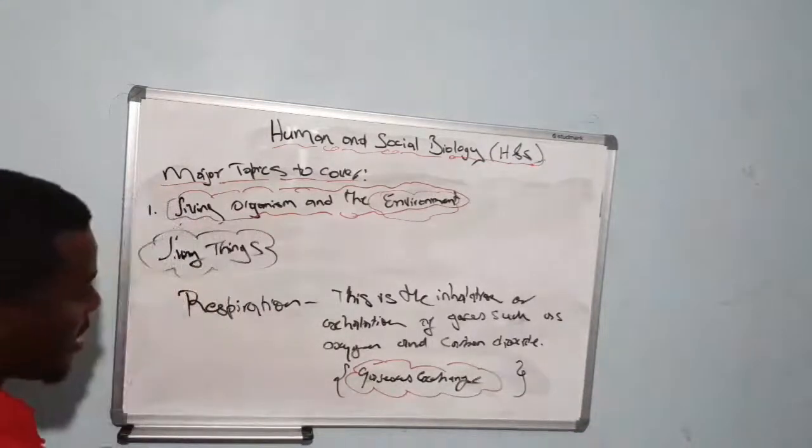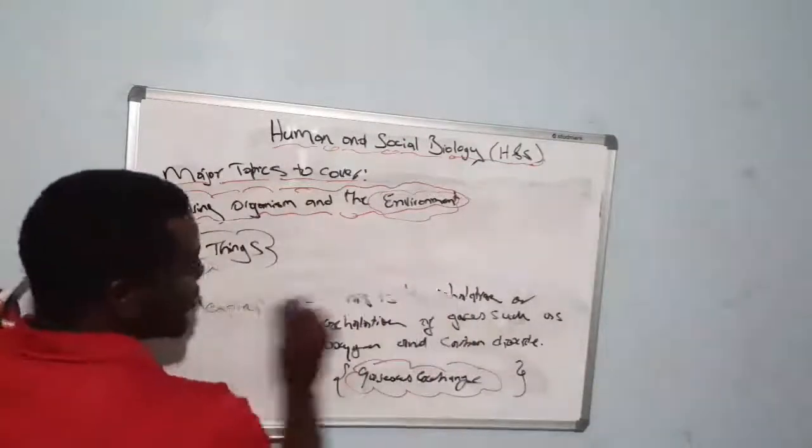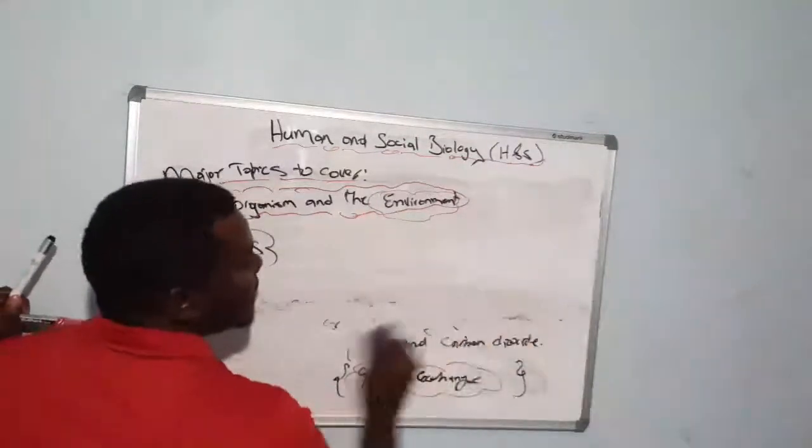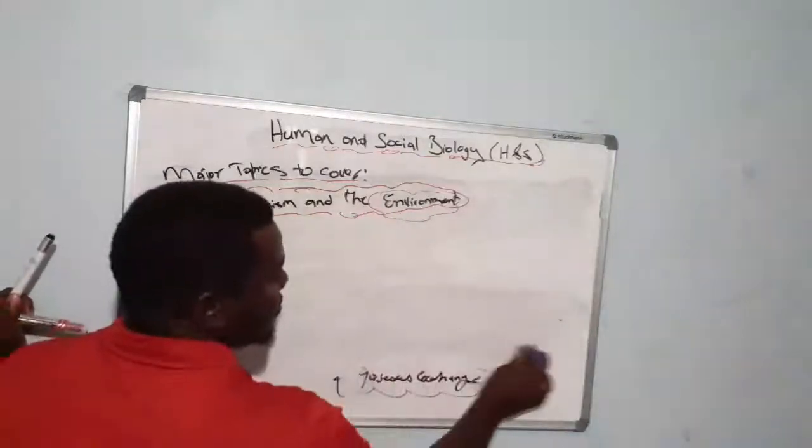The next one is excretion. Next characteristic of living things is excretion.